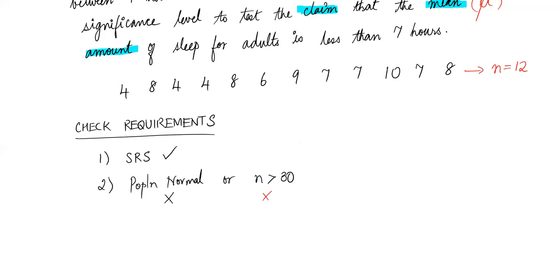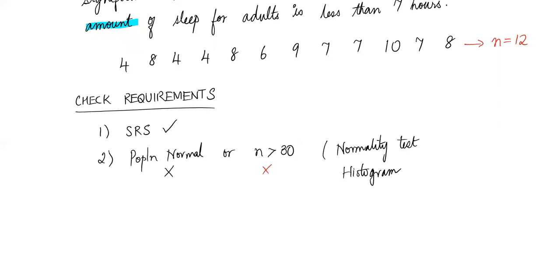So when you have both of them failing, we do have a backup last ditch effort, which is your normality test. In fact, you could also use histogram. Remember histograms? Because we didn't do the normality test in the lesson in detail, I recommend that you use a software to get things done, or you could use your calculator for that.